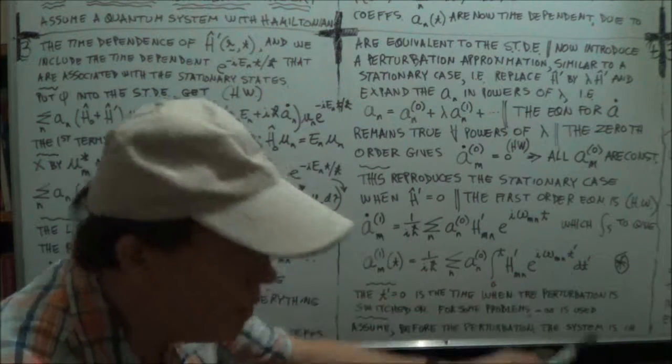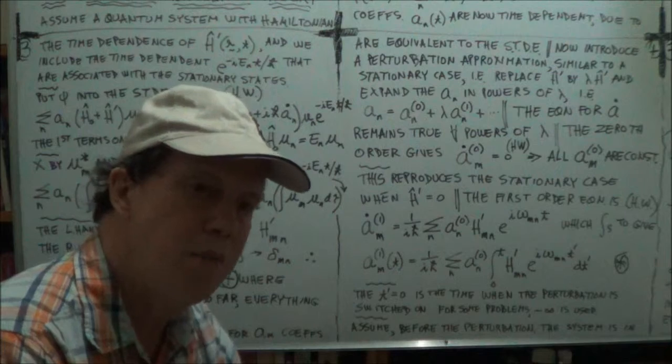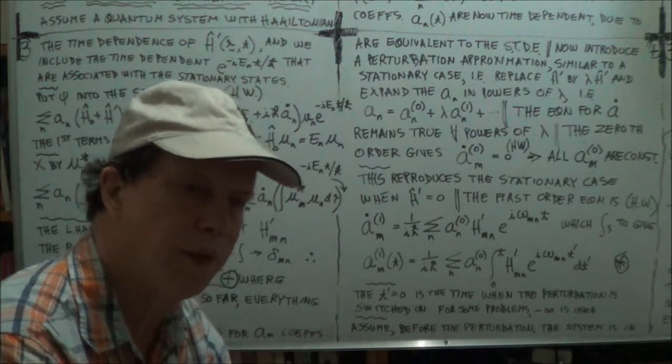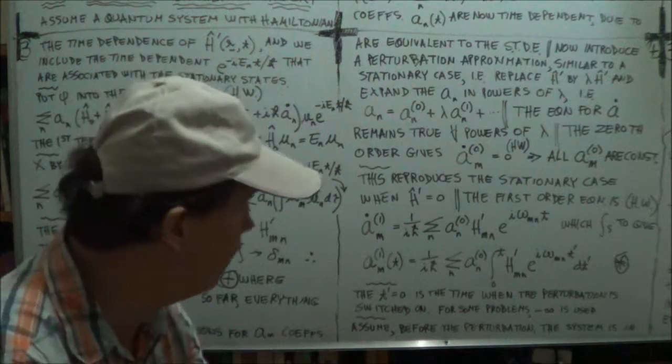And remember omega mn was the difference in energies, Em minus En, the whole thing divided by h bar. Okay?